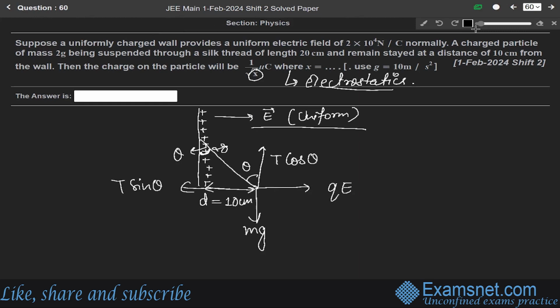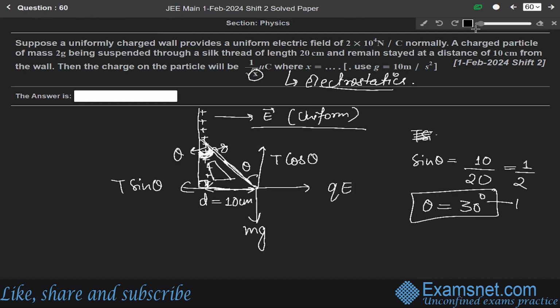Now, for this angle theta, sin theta will be equal to 10 over 20, since sin theta is perpendicular over hypotenuse. So sin theta will be 10 over 20, equal to 1 by 2. So theta will be equal to 30 degrees. Let us say this is equation 1.